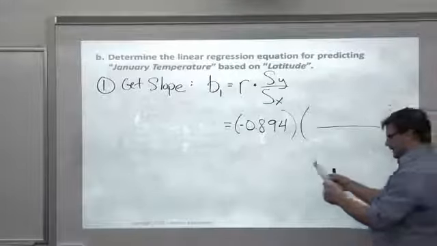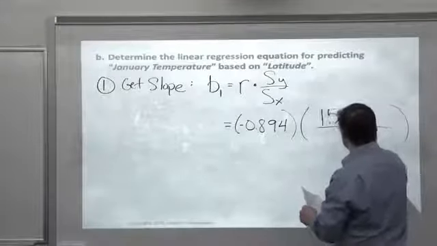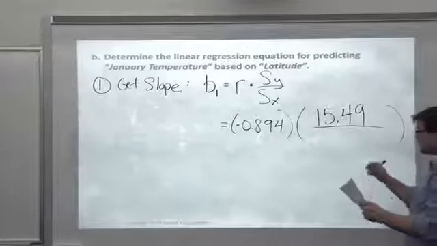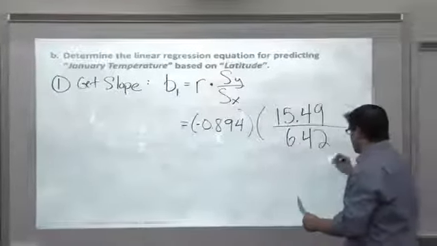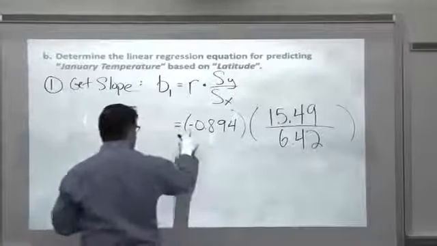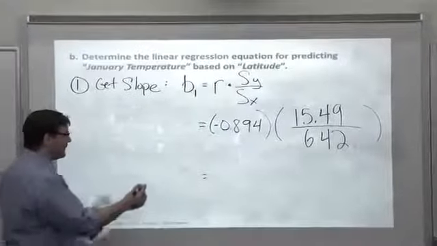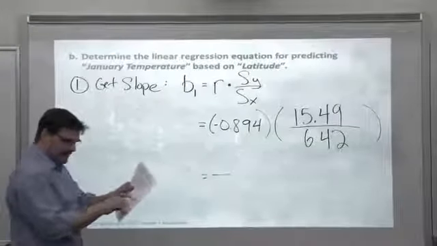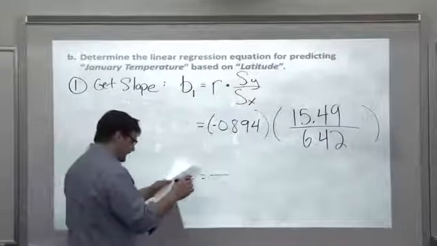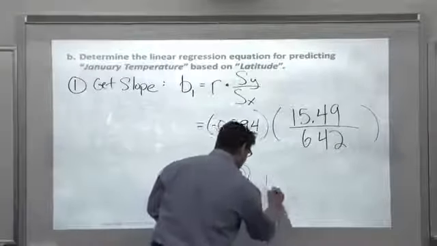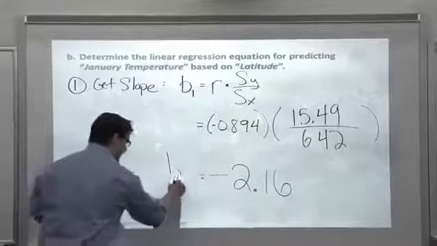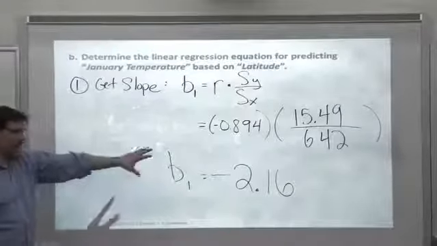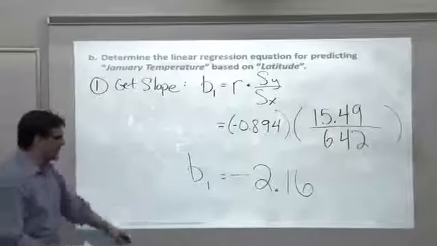From the chart, that was 15.49 for S sub Y. S sub X from the chart, that was 6.42. Don't lose that negative. We need it. The slope is negative. If you crank that out on your calculator, you get about a negative 2.16. And that is the slope. It's in your notes, so you'll have it.